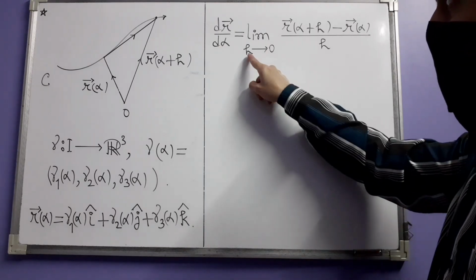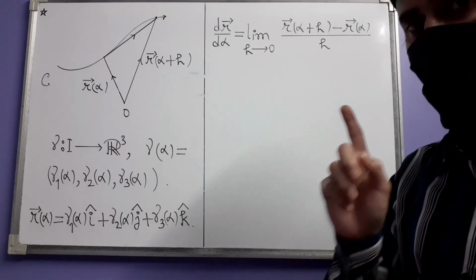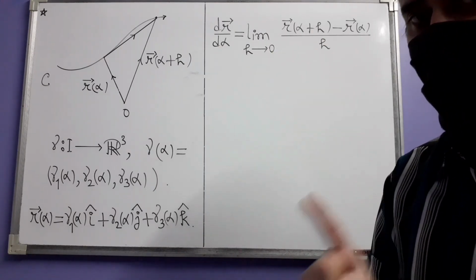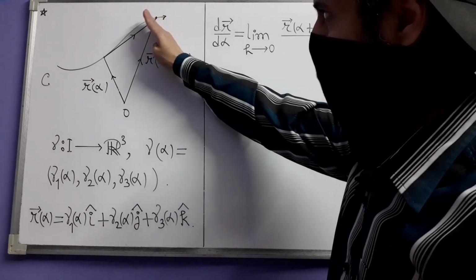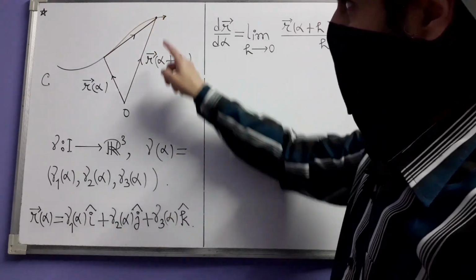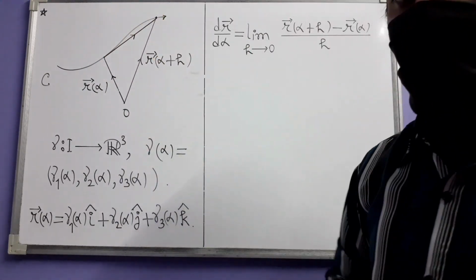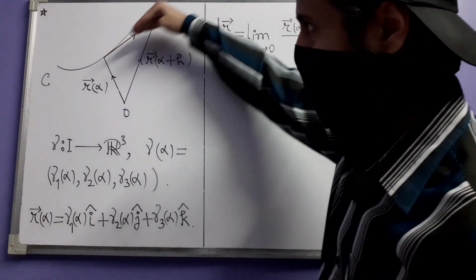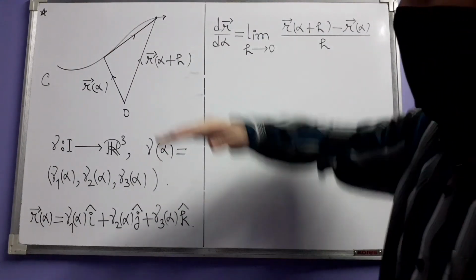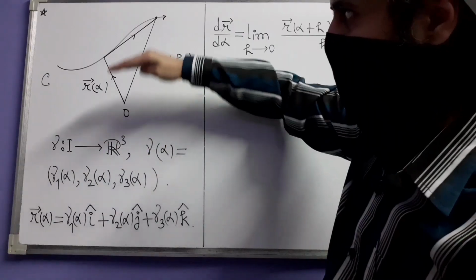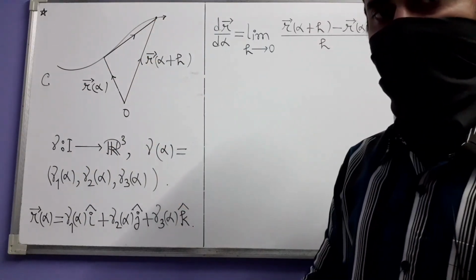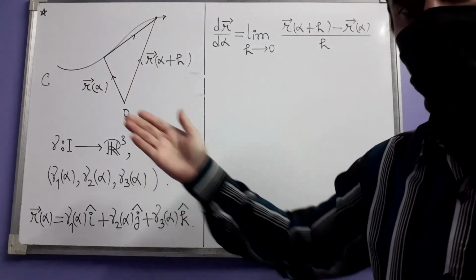Or in other words, h approaching 0, while all the time being positive. Then the point goes like this. Correspondingly, this position vector changes. Correspondingly, this chord vector also changes. It changes like this, and in the limiting case, this chord coincides with the tangent.